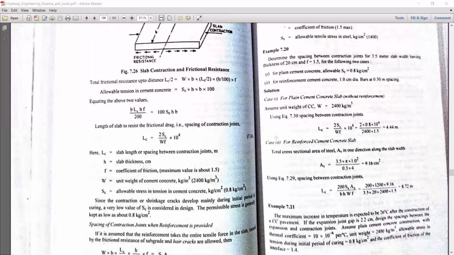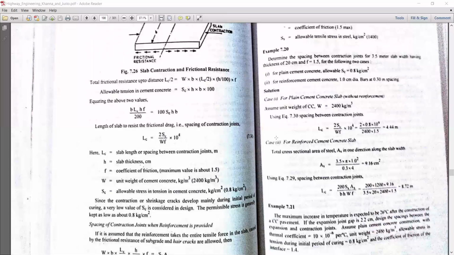First case is plain cement concrete, allowable stress is 0.8 kg per centimeter square. Second case is reinforced cement concrete, 1 centimeter diameter bars at 0.3 meter spacing.